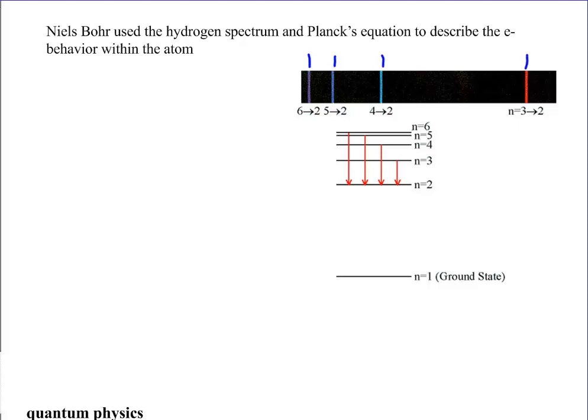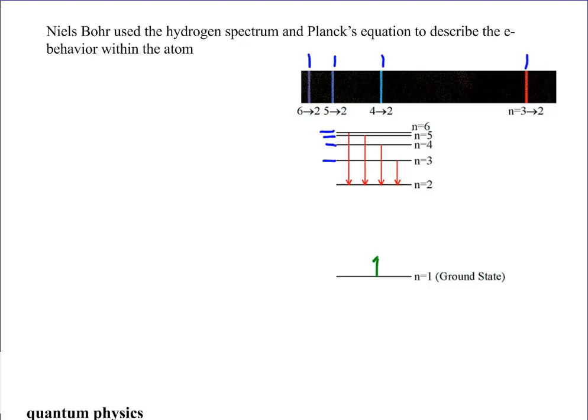And what he determined through experimentation and mathematical calculations is these bright lines are all due to the fact that electrons jump from higher energy levels, so energy level 6, 5, 4, and 3, and end up in energy level 2. Now, if you remember anything about your chemistry, you'll know that the electron in hydrogen, when it's at its most stable state, is in the ground state.